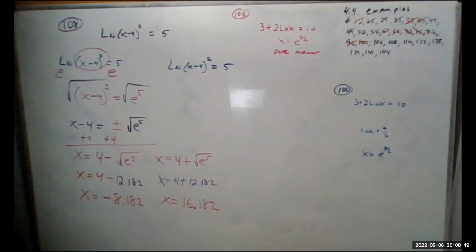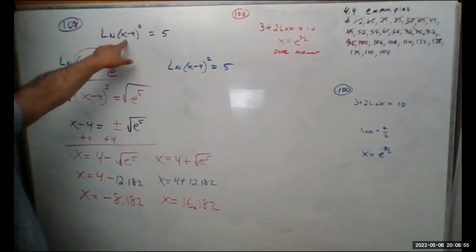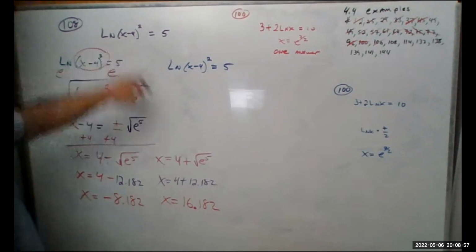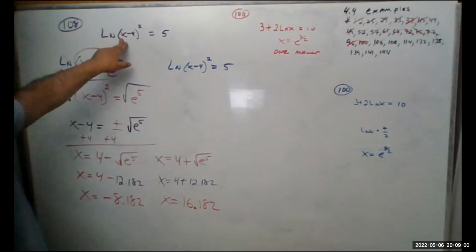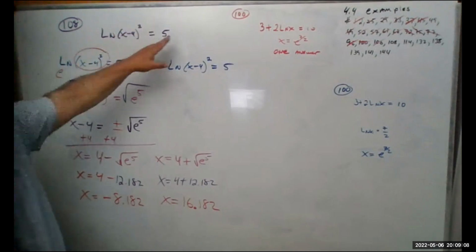And the question is, are both valid? In the original question, the answer is yes. Because if I punch in positive 16.182, take away 4 is a positive number. If you square it and then take the natural log of it, you're going to get 5.